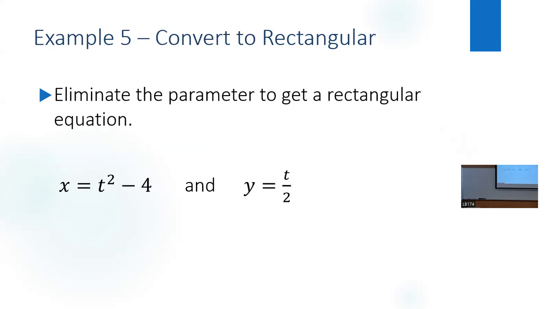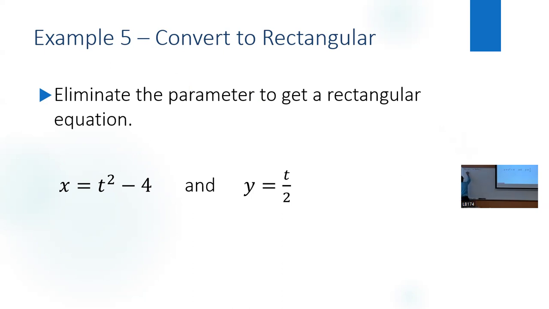So let's take a look at this example. Here we want to go from parametric to rectangular. And by rectangular, we just mean using just the x and y's.